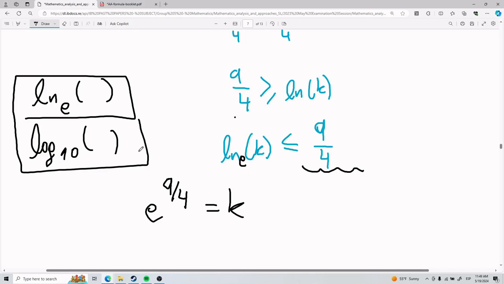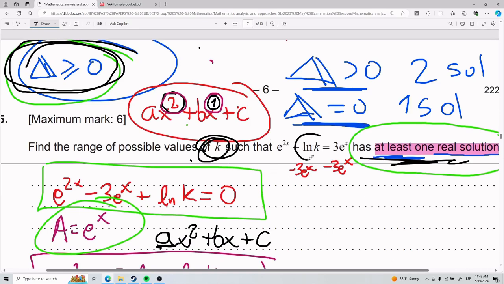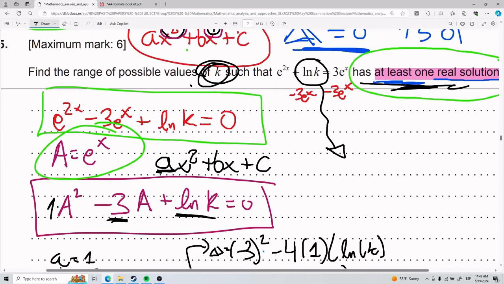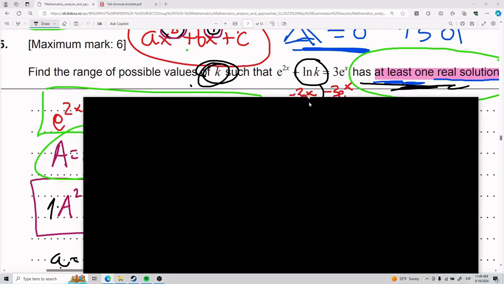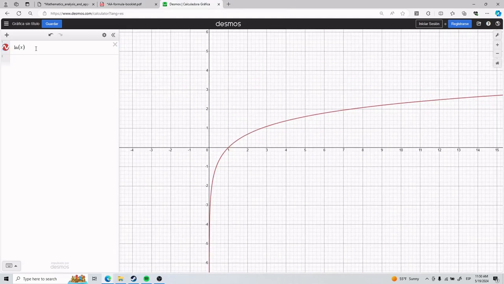And so for writing down the range, ln k in this function is inside a logarithm. And something that I didn't tell you earlier, but I tell you now, is that the value that's inside a logarithm has to be positive. So if I pull up a quick graph on Desmos, here I'm graphing ln of x. Notice how I don't have a single negative x value.